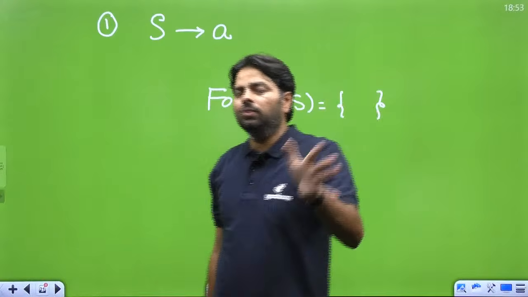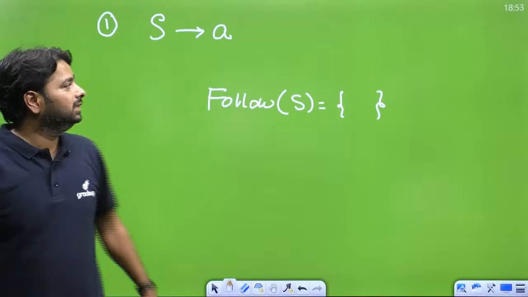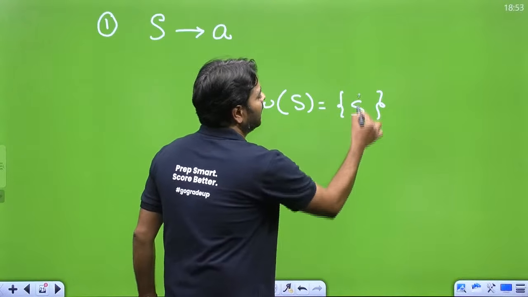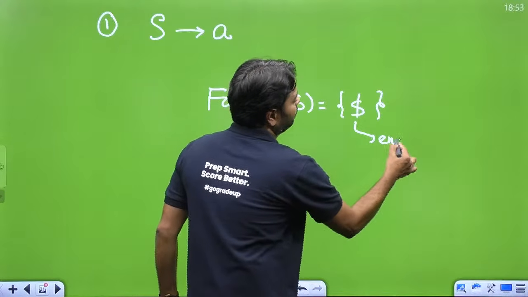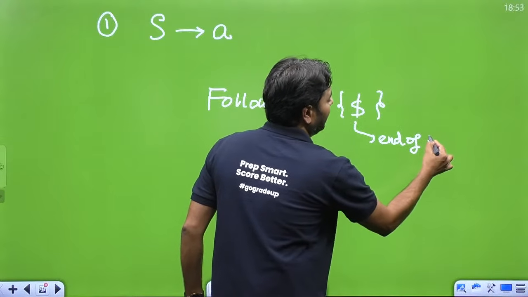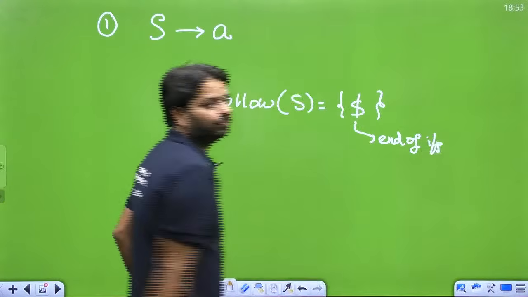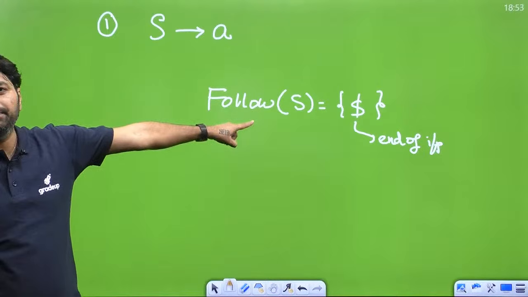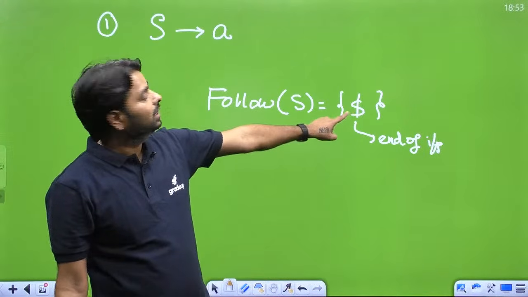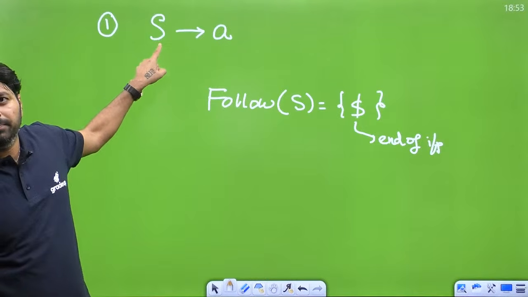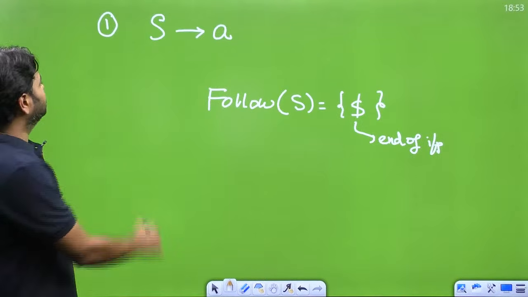When there is no S, you will not get any follower except the dollar, because we assume this as the special symbol, end of input or end of token stream. This is what we assume all the time, and dollar is always the follower of the start symbol. Everybody? Yes. That is the first point.